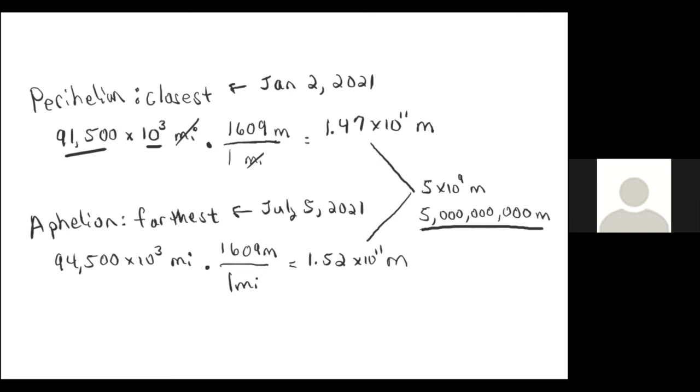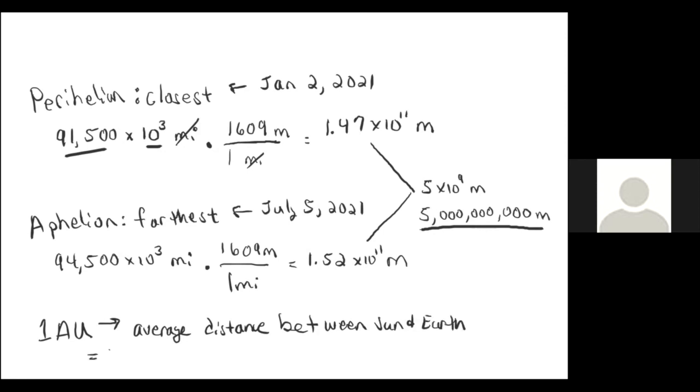Now, we also learned about 1 AU, the astronomical unit. 1 AU is defined as the average distance between the sun and Earth.